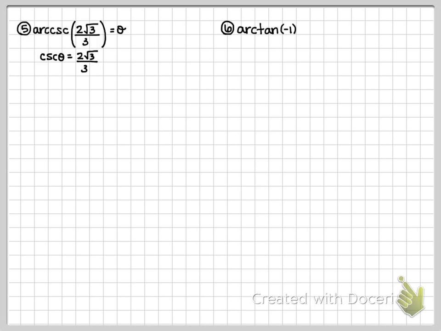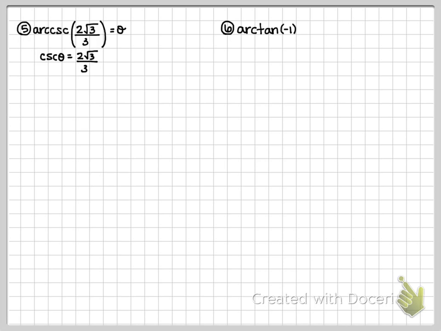So sine exists between -1 and 1, which means cosecant exists beyond -1 and 1, but it also includes -1 and 1. So is 2√3/3 beyond 1? Yeah, it is. 2√3/3 is larger than 1. So this is good. If it was smaller than 1, I couldn't do it for cosecant.